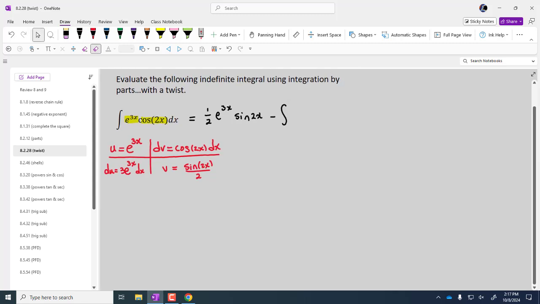So that's going to be, let's write it as 3/2 e to the 3x multiplied by sine of 2x times dx. And we see that we're going to integrate by parts again. So let's do it again.